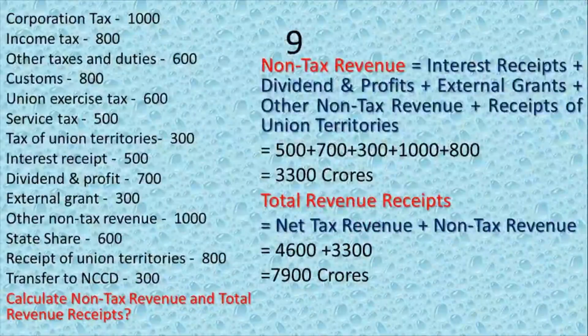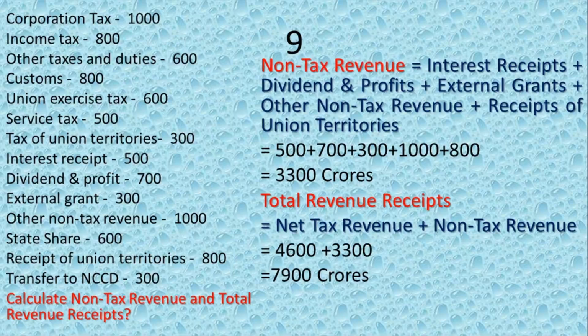The same problem, what is the non-tax revenue and total revenue receipts? So non-tax revenue is, apart from tax, what are the revenue receipts? Non-tax revenue receipts is given by the formula: interest receipts, dividend profits, external grants, and other non-tax revenue plus receipts of union territory. These are all non-tax revenues. So which is 3300 crores.